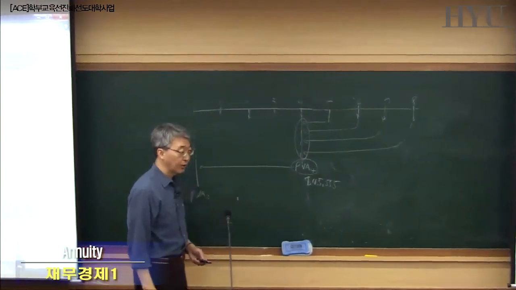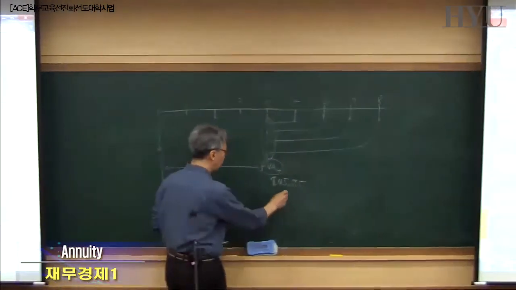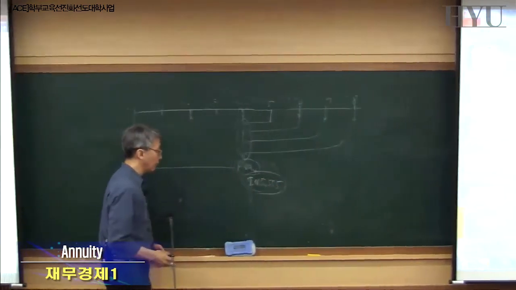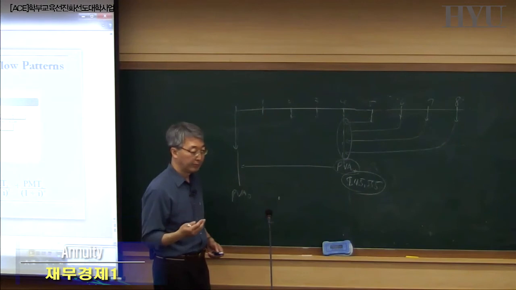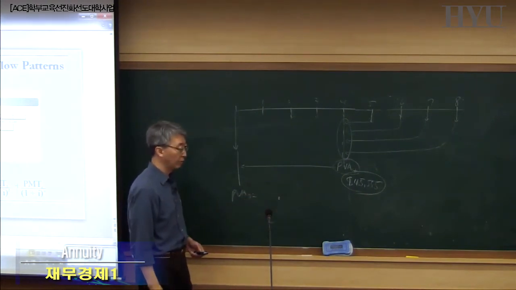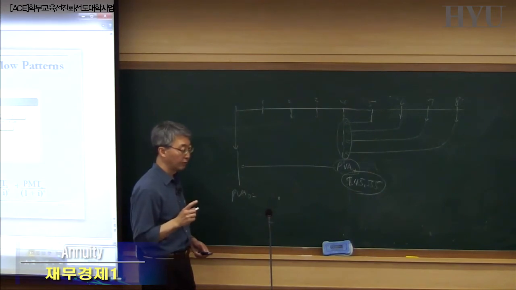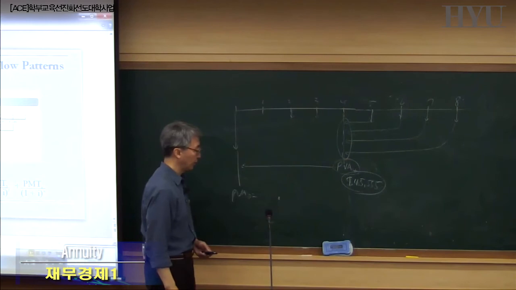Then our story is this: somebody promises to pay you $45,555 4 years from now. What is the current value or present value of that one single cash flow? You know how to do that. You just discount it.